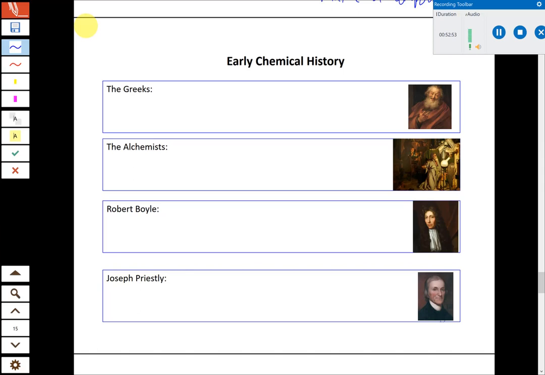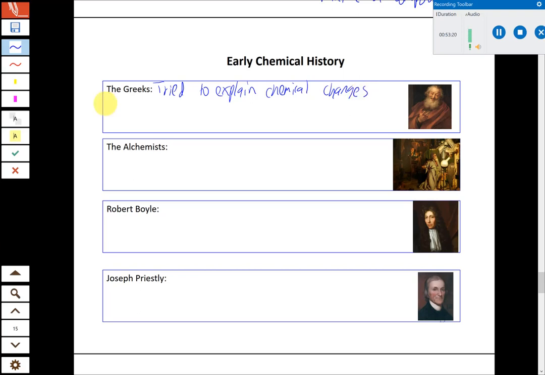They were really the first to be intrigued by studying substances and chemical changes, very, very primitive by today's standards, but they were trying at least. They weren't particularly successful at learning anything that's true or useful, but they put a lot of effort into trying to explain chemical changes. So they studied chemical changes and made some observations about them.